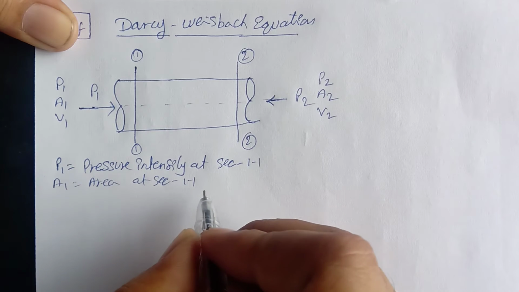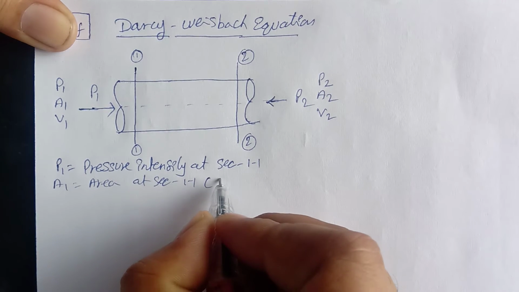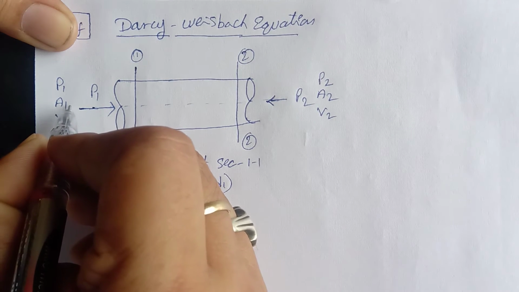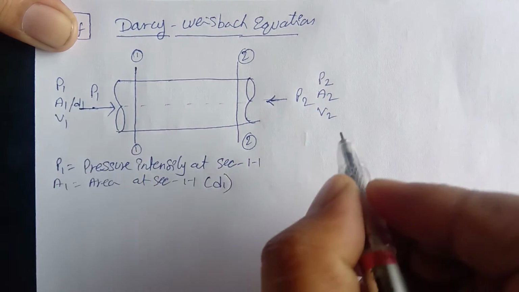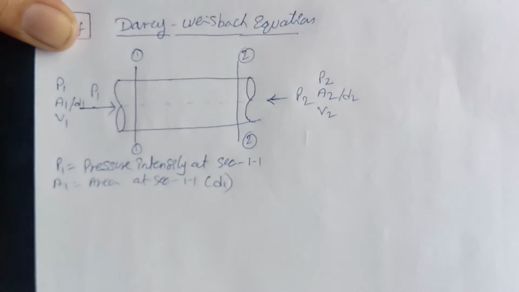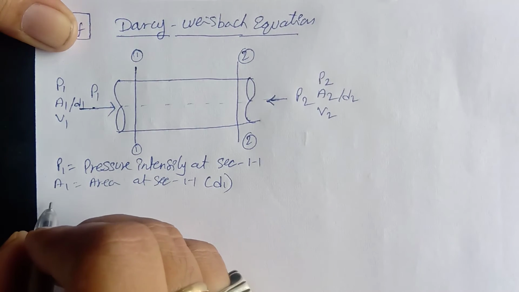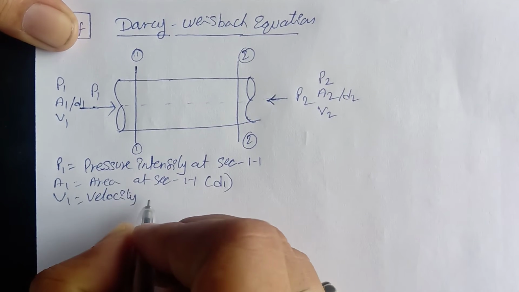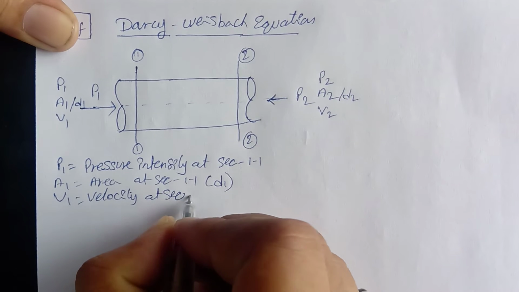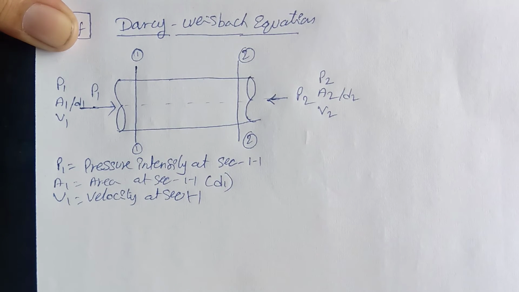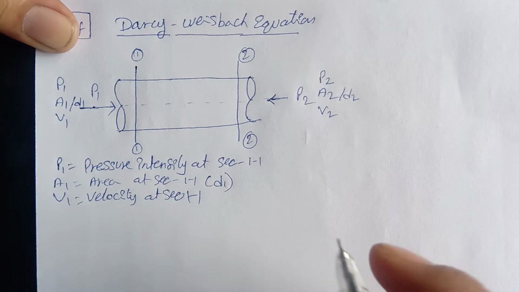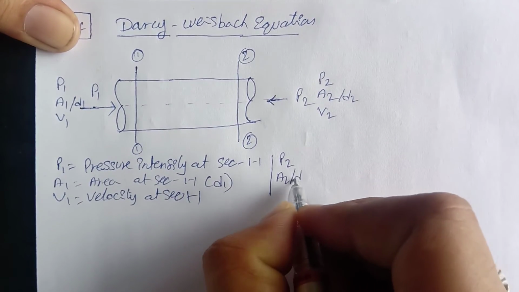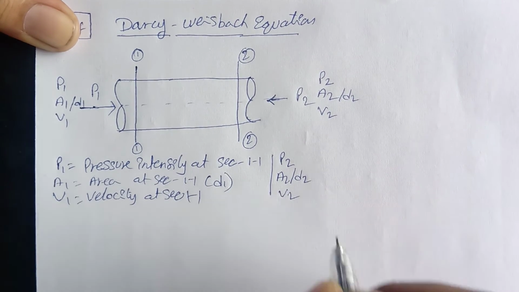We can even write it as D1, or A1 comma D1, or A2 comma D2, whichever is feasible for you. And V1 is the velocity at section 1. Similarly, go for P2, A2 or D2, and V2.